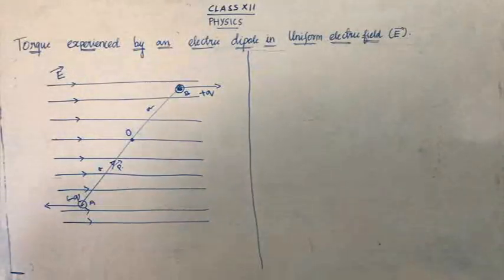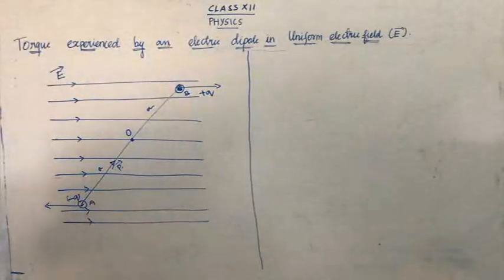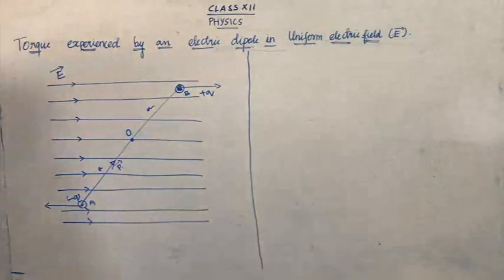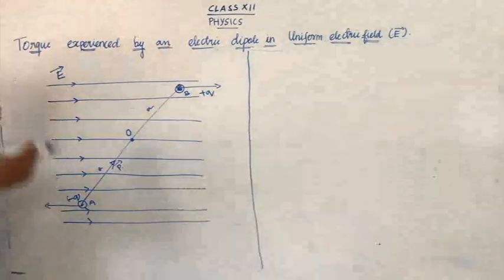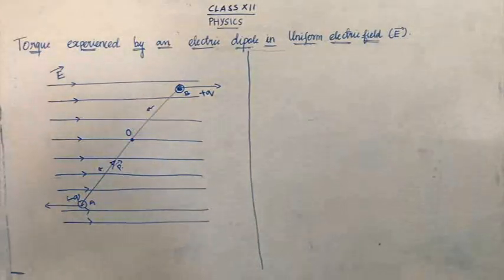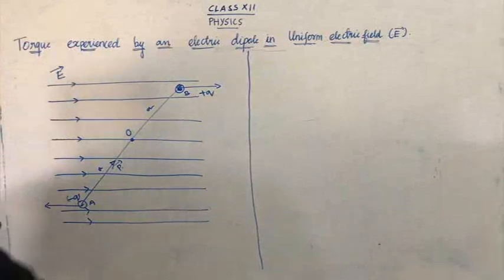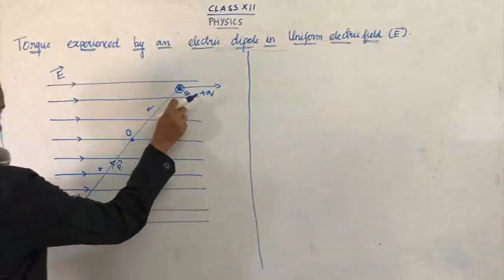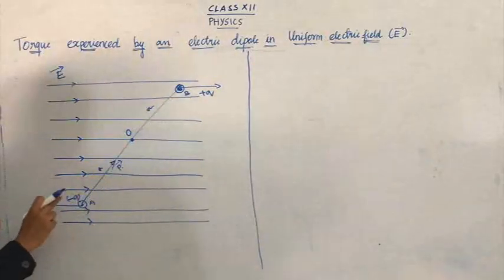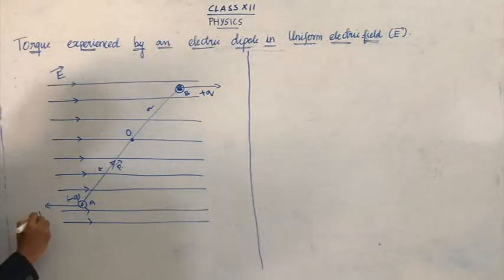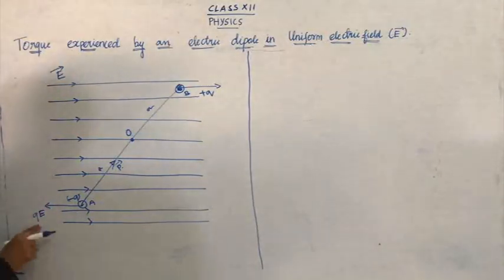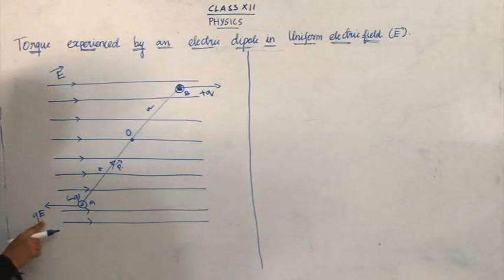Here is an electric dipole of dipole moment P vector. It is placed in a uniform electric field whose field lines are equally spaced. In each and every line the electric field is the same. Now a force is exerted on point B and on point A also. The force is QE, where Q is the charge and E is the electric field.